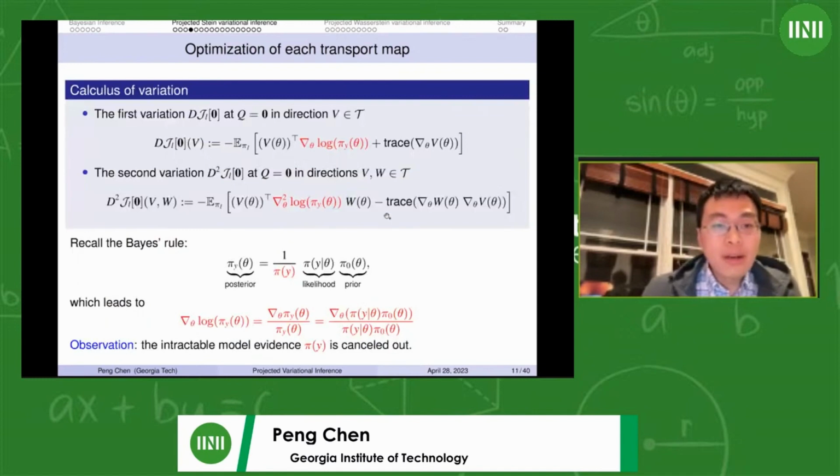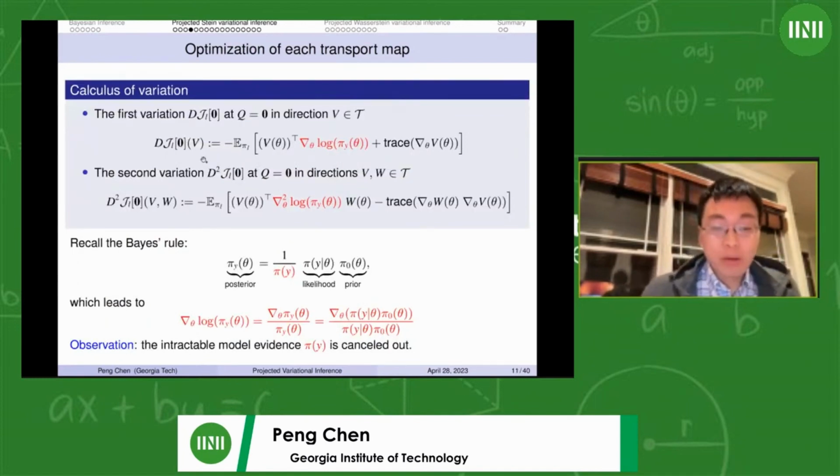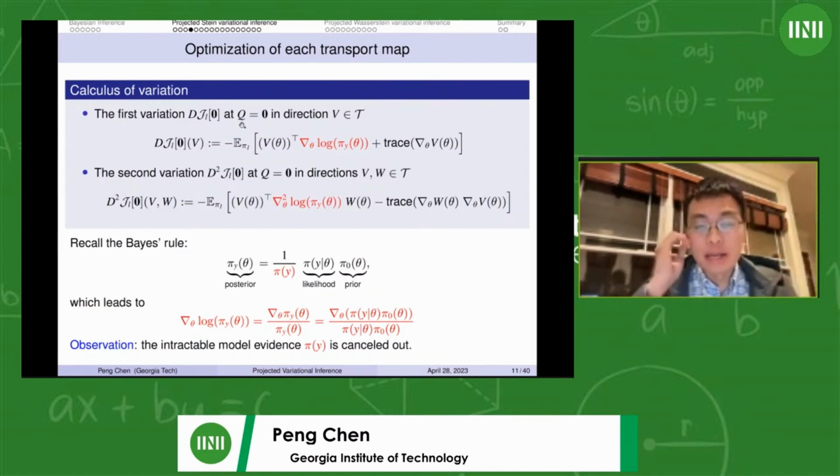All right, here is a little more detail about the explicit form of this gradient and Hessian. Essentially, you can take the first variation of this cost function with respect to Q. Q now is a function, right? And you can test in the direction of V. V is also a function from the function class.